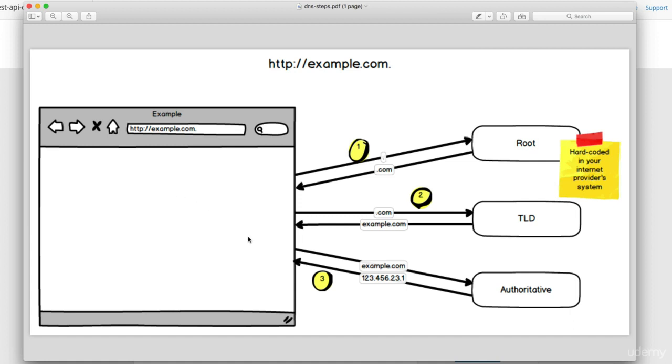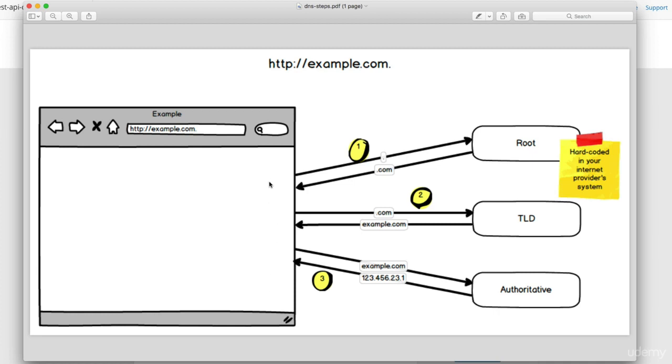However, normally, the operating system won't know the IP address for a given domain. So what happens is a DNS query begins. Because the domains are so numerous, many millions of them, it is not a single server that tells you where the IP address for a given domain is. So it goes through a number of steps in trying to find out the IP address related to a single domain.